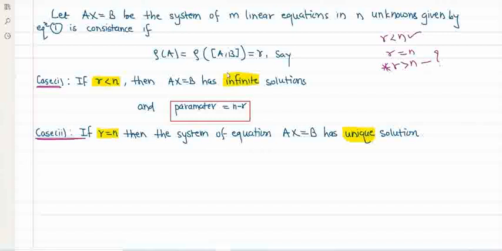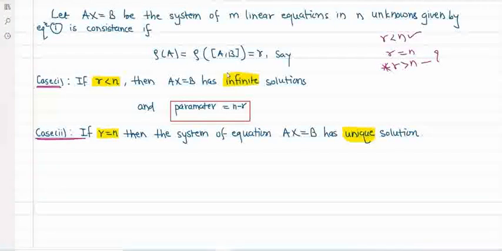And if a solution exists, then only you have to discuss case 1 or case 2. So suppose you are getting rank of A not equal to rank of AB, what should be your conclusion? Solution does not exist.